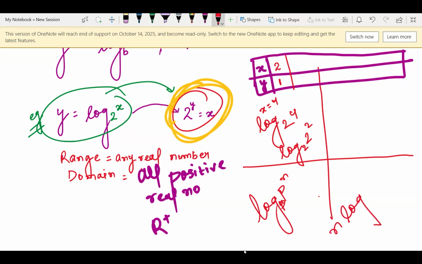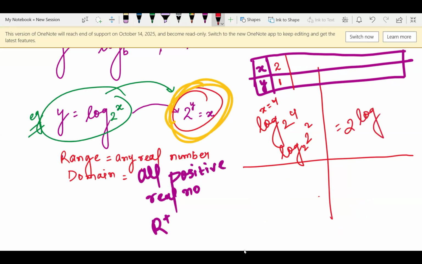Making sense? Yes. Similarly, if we are having x as 4, we realize this can be written in exponent form as 2 square, and then the power 2 can be taken in front. After that the log will remain log 2 base 2, and according to rule number 5 this is 1. Yes or no? Yes.